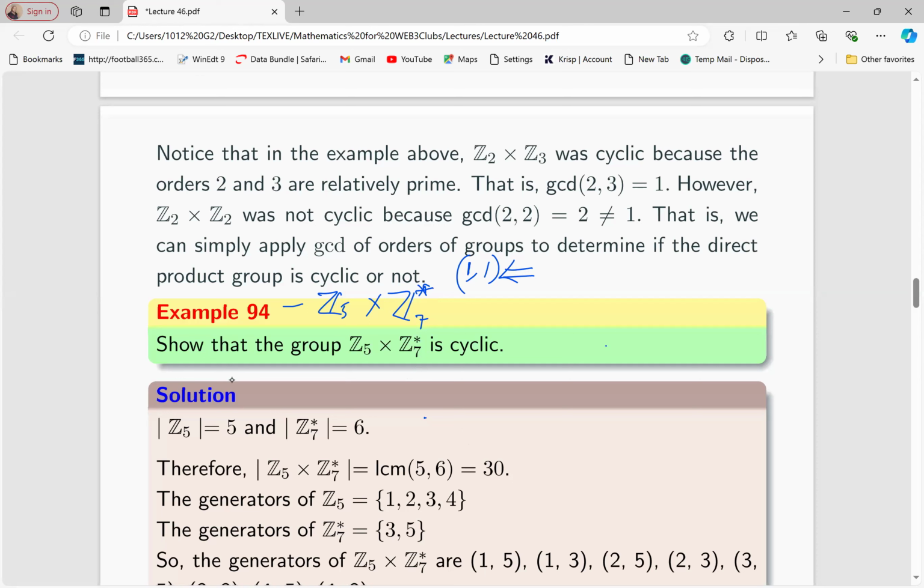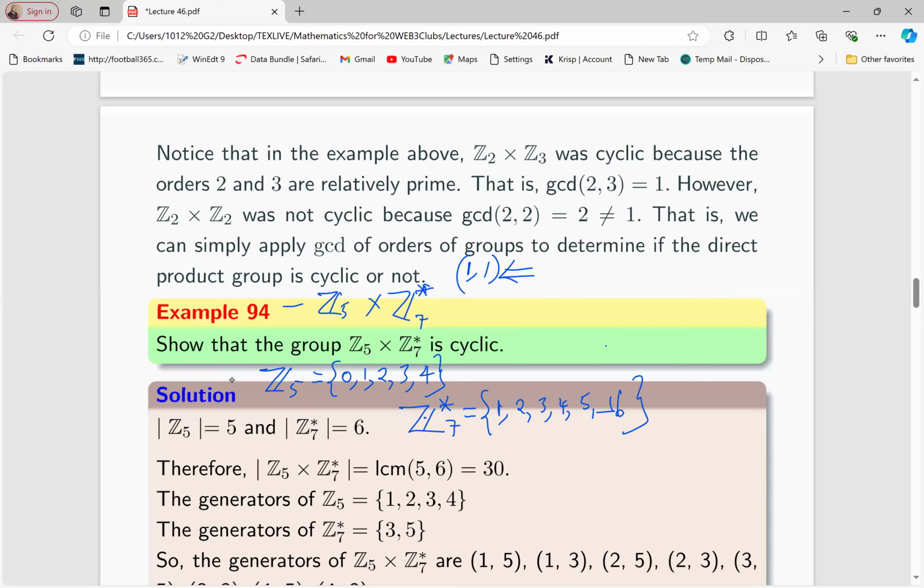Now let's see what Z5 means. Z5 is the set comprising 0, 1, 2, 3, and 4. What about Z star 7? Z star 7 is the group comprising 1, 2, 3, 4, 5, 6.